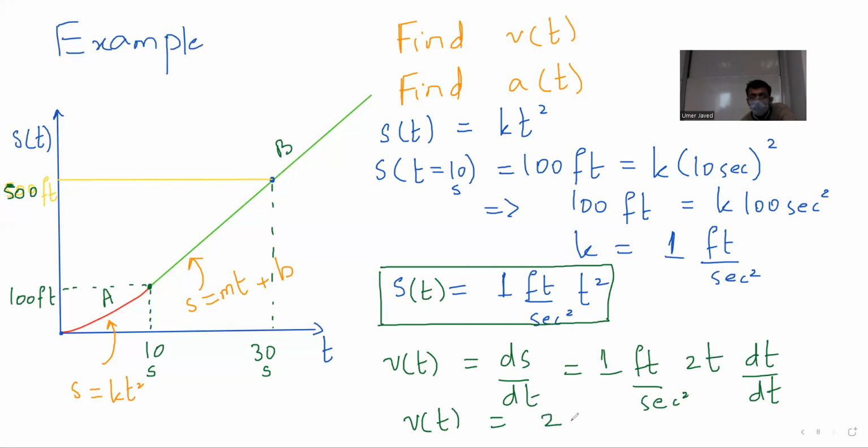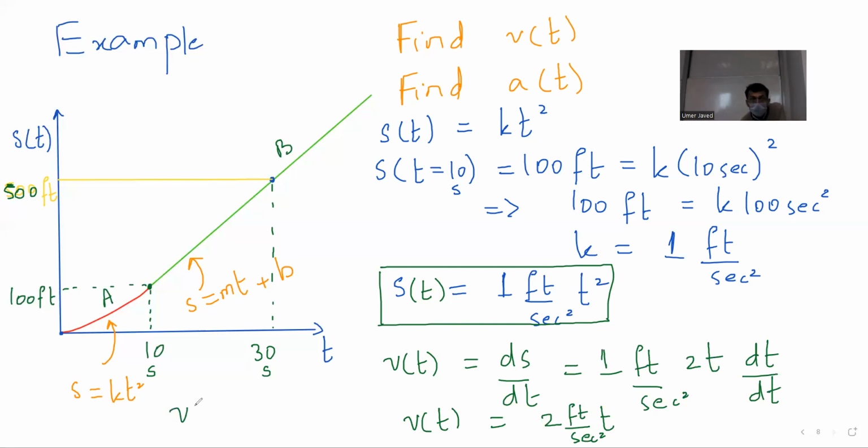2 multiplied by t. Okay, this feet per second square is just floating around. Anyways, right now I'm just leaving it. Or if you want, okay, let me be careful here. Let me write it for you, feet per second square, then t. Okay, what will be the acceleration?